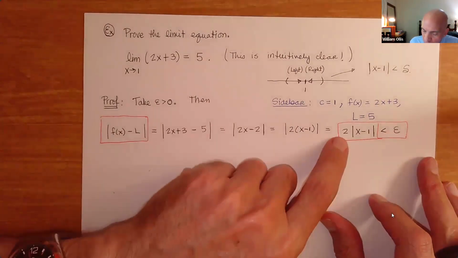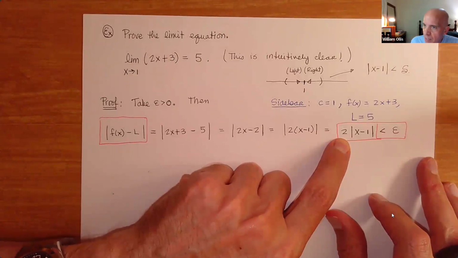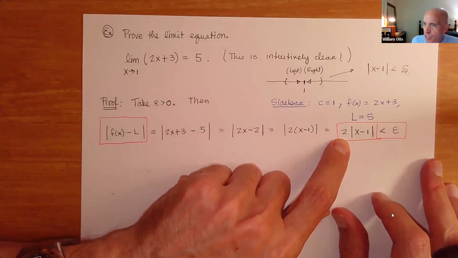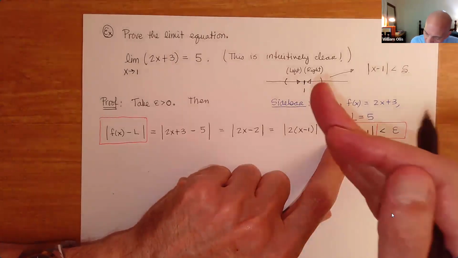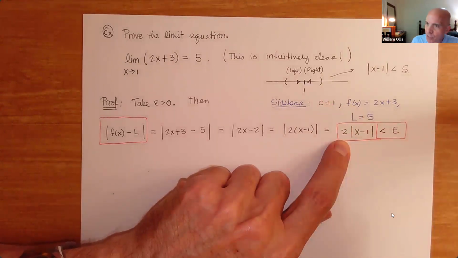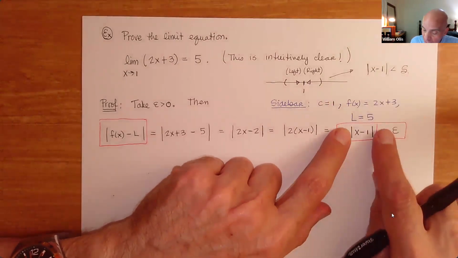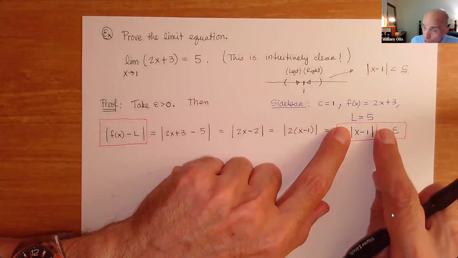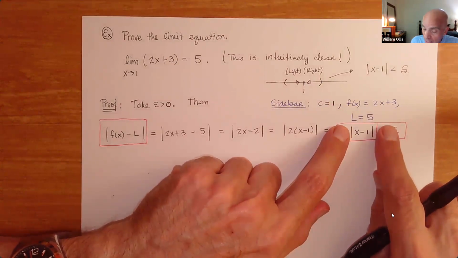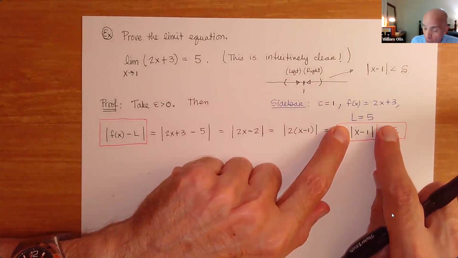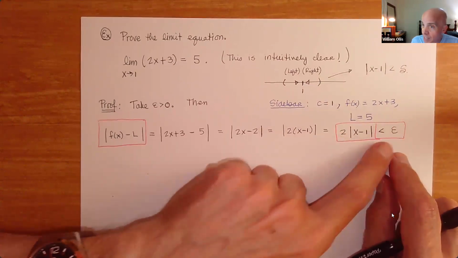Well, what we want to do is make sure that we absorb this. So a lot of students at this point just think, oh, well, I'm having to actually divide by 2 to get the value of delta. So notice here, if delta is less than epsilon over 2, then the absolute value of x minus 1 will be less than epsilon over 2, and that product will be less than epsilon.